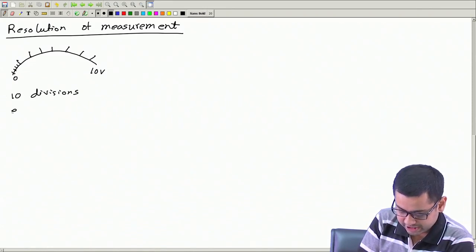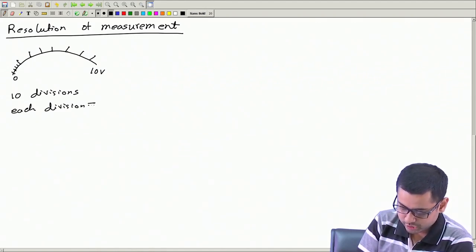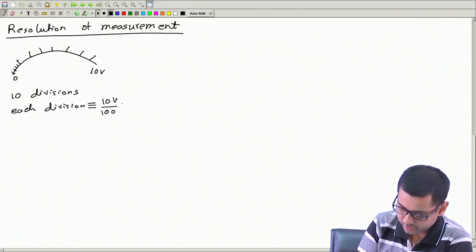That means each division of this voltmeter is equivalent to 10 volt divided by 100. So, it is 0.1 volt.